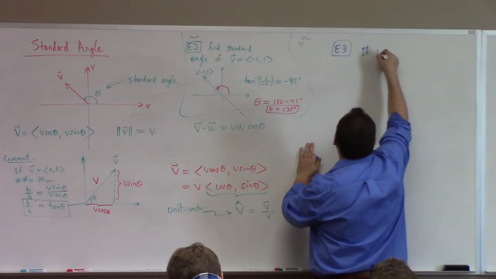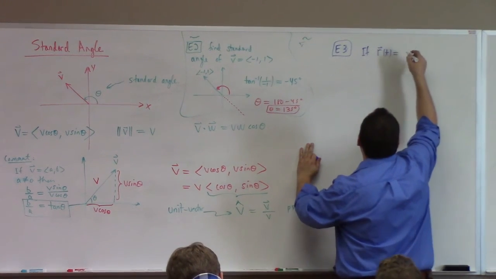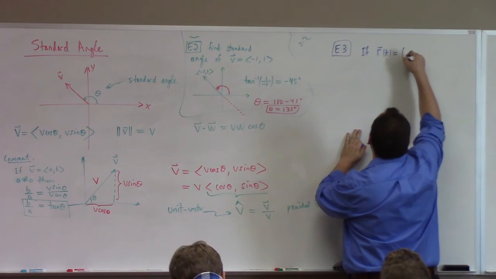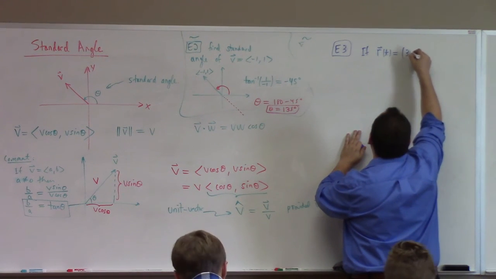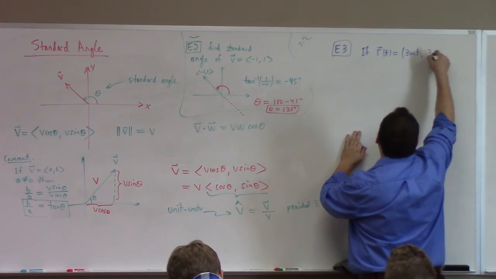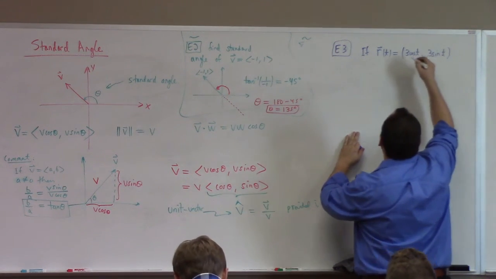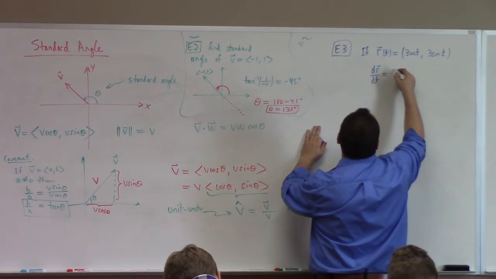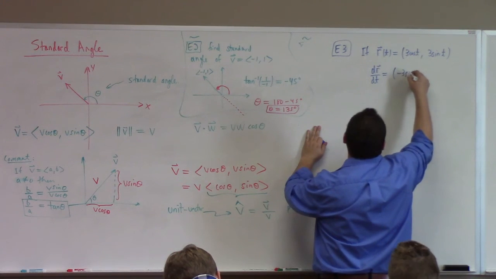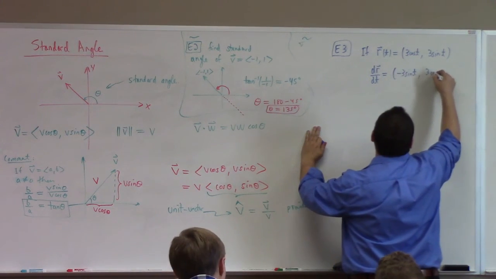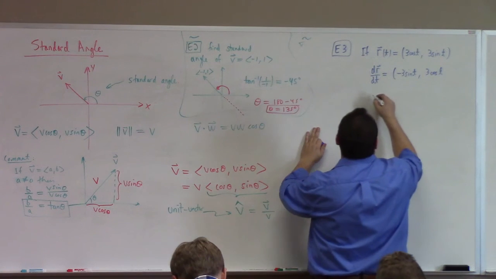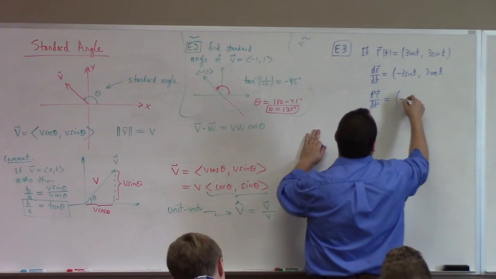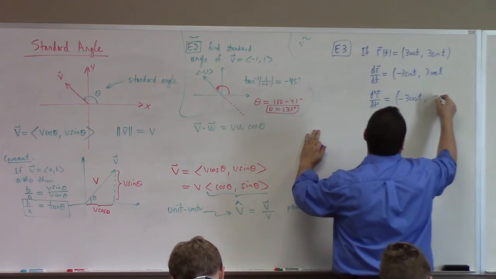If we look at r of t equal to, let's say, 3 cosine t, 3 sine t, then if you calculate dr dt, you get minus 3 sine t, 3 cosine t. And you get d squared r dt squared equals minus 3 cosine t, minus 3 sine t.